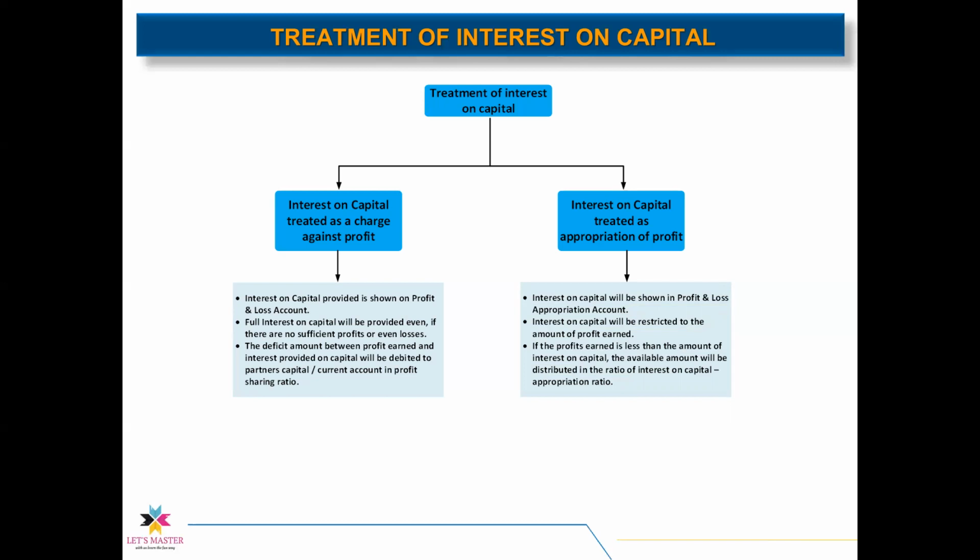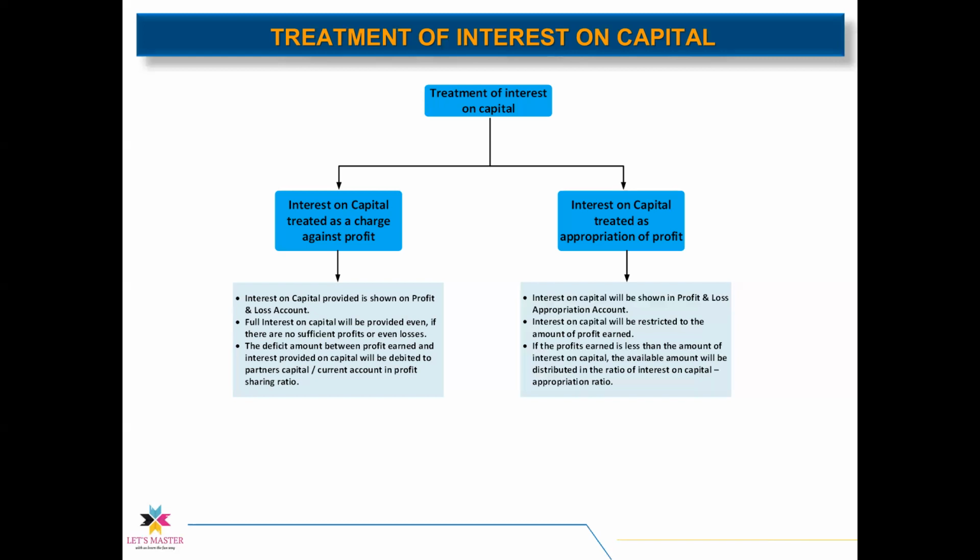And if the profits are not sufficient to provide the entire amount, say for example, the profit of the firm for a particular accounting period stands at rupees 10,000, and the total amount that needs to be provided to the partners as interest on capital stands at rupees 12,000, then this deficit of 2,000 will be borne by the partners in their profit sharing ratio.